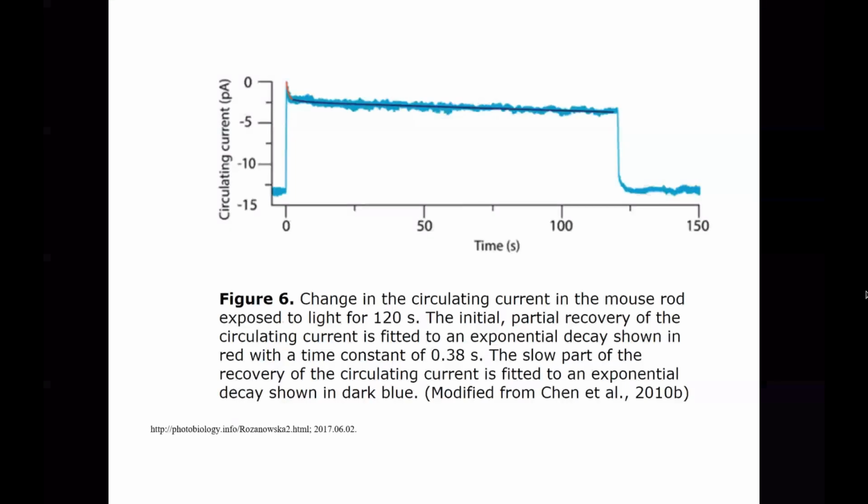The other relaxation or adaptation of the eye is connected with excitation, with light excitation. So have a look. This is time, and this is the signal that was measured when the cell is excited by light.